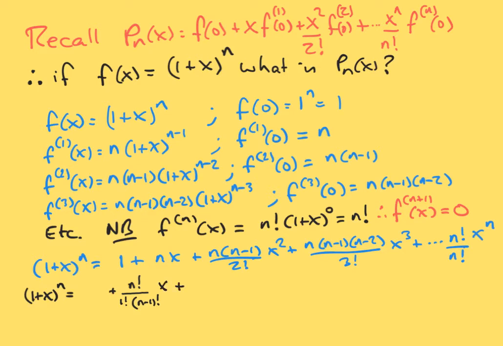The next term is n factorial again. And now we have a 2 factorial from this expansion. And then we also, to rewrite this as n factorial, we have to divide by n minus 2 factorial.